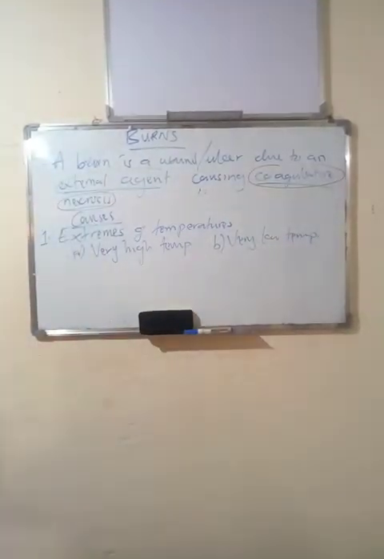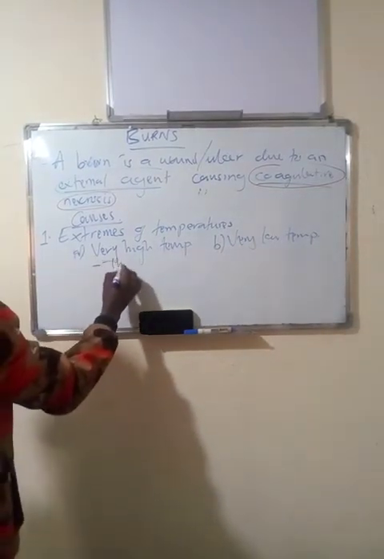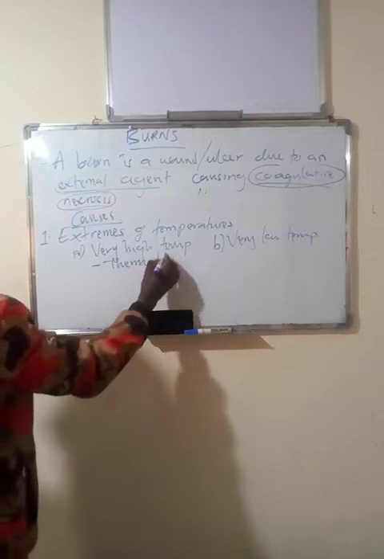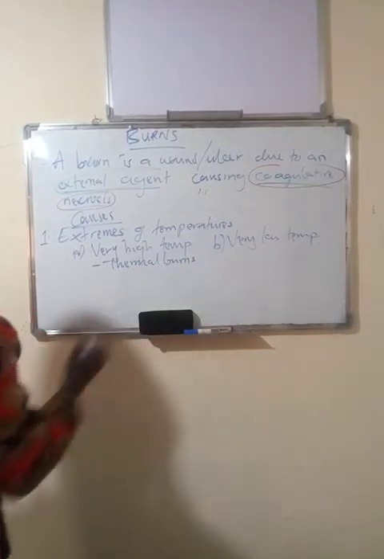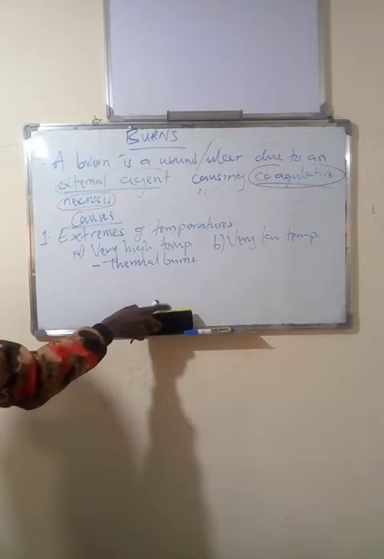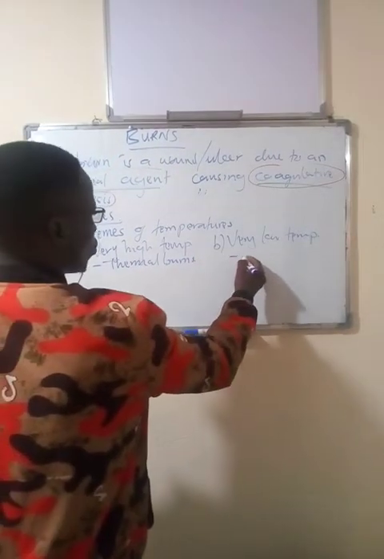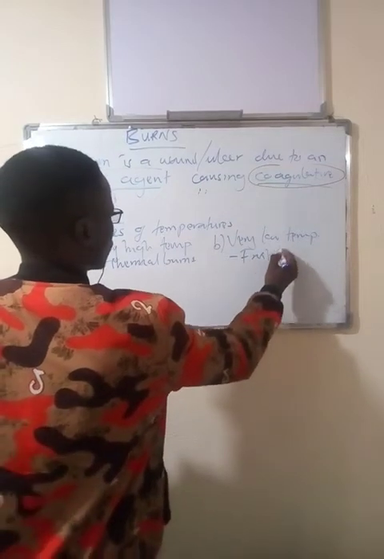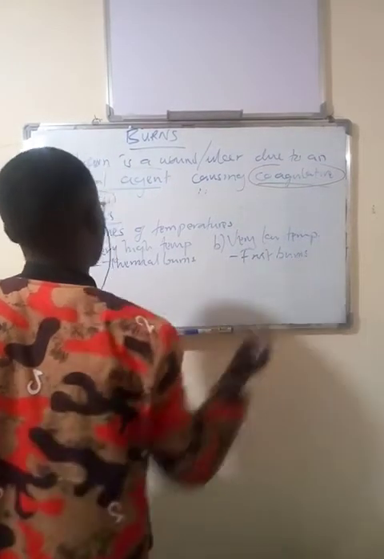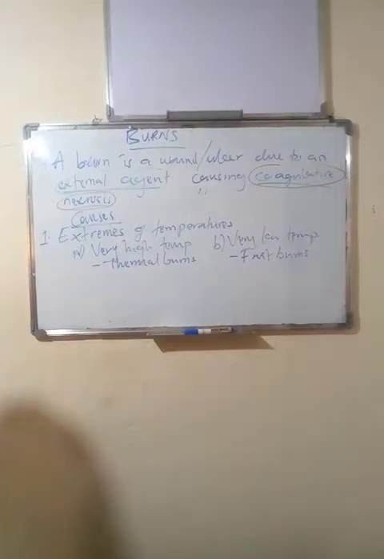Now, when we talk about very high temperatures causing burns, these are what are called thermal burns, while very low temperatures cause what are called frost burns. Thermal burns and frost burns, that is the name that is given to that.